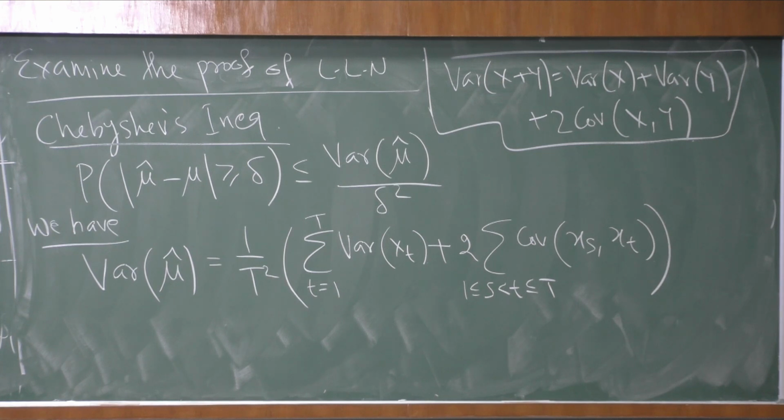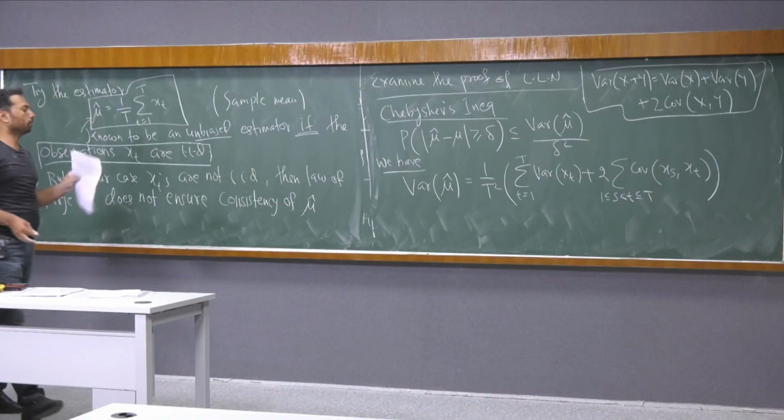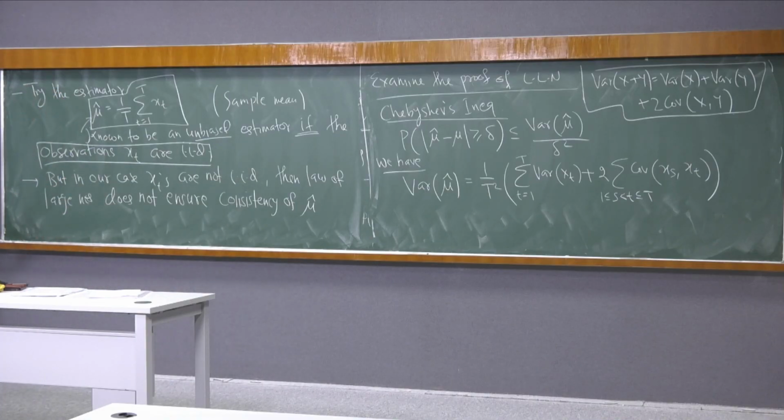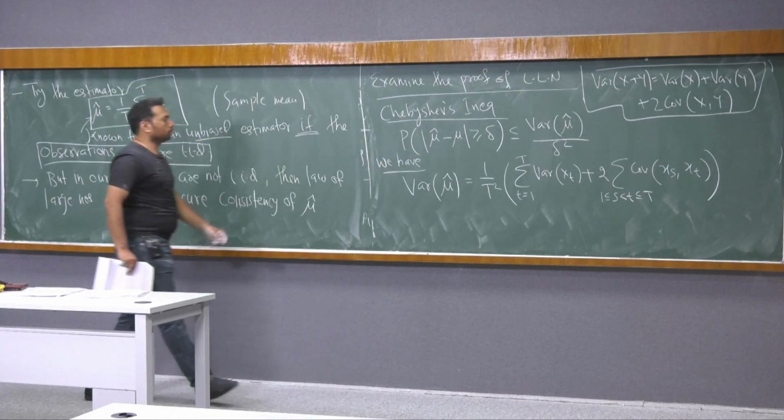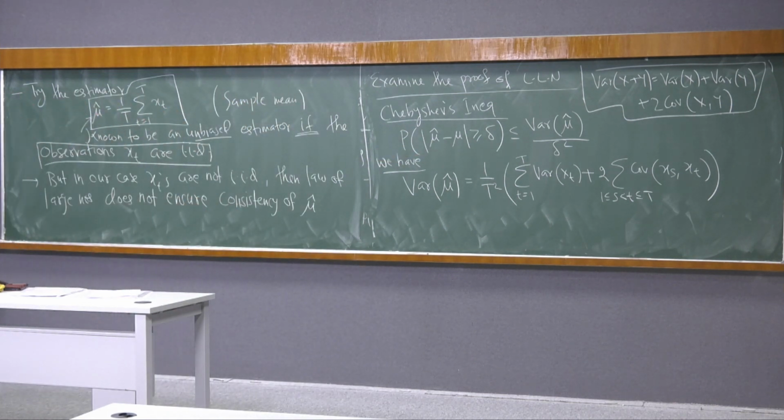If it was independent, the covariance of x_s and x_t would have been 0, so we would have got rid of the second term, and from the first term we had variance of x_t, and each of the variances were the same, so it would have been sigma squared, divided by T squared and so on. And from the law of large numbers we would have said that if T is large enough, if we are taking more and more samples and averaging, then it is a true estimator, because there is a convergence guarantee that mu hat is very close to mu.